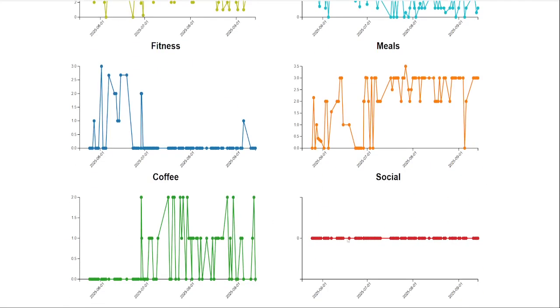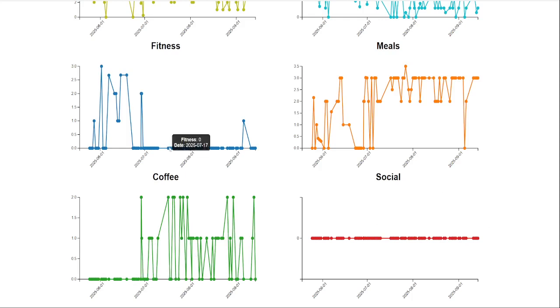Now, as you see here, I wasn't doing a particularly good job measuring some indicators. The social indicators, for example, I neglected to measure at all. I started to measure the number of cups I drink per day late into the mission.